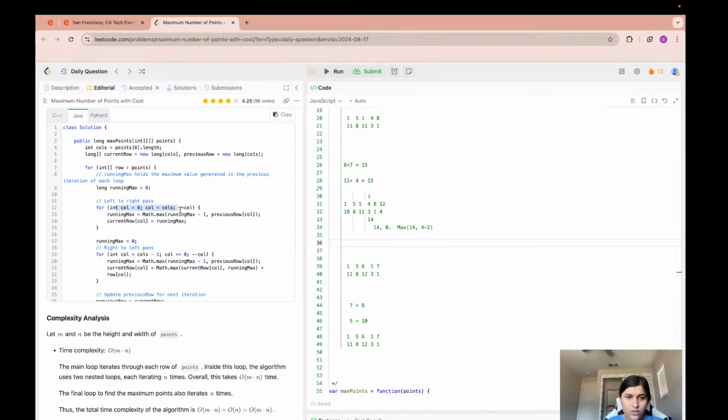See, if col is equal to 0 and col minus columns, right? So integer row points, this is the current row and this is the column, this is the running max.